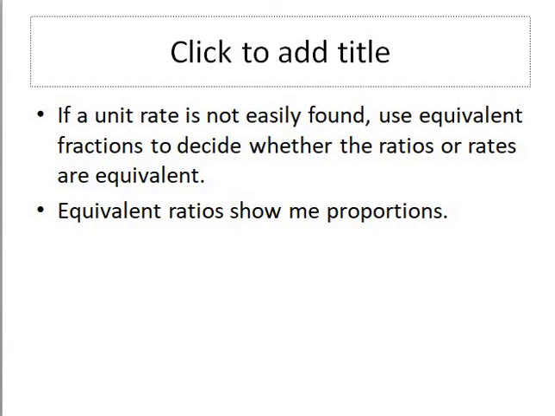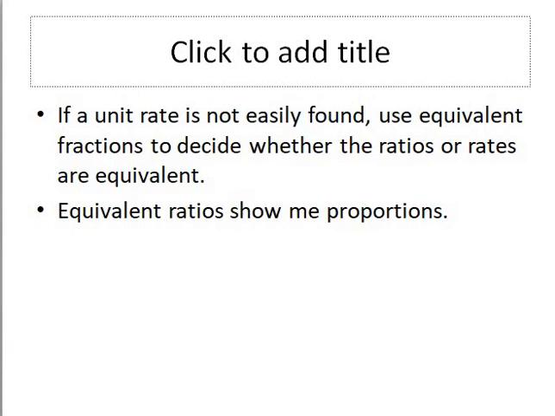Let's remember together what we depend on to find out if two ratios are equivalent or not. Last time, we depended on the unit rate. We said that we can find the unit rate for each ratio alone. If the unit rate is equal, we can conclude that our ratios are equivalent.